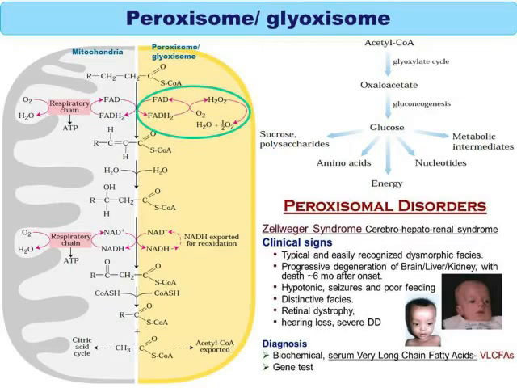Then thiolase cleaves the 3-ketoacyl CoA into acetyl CoA and a 2-carbon shorter acyl CoA is produced. Peroxisomal thiolase has substrate specificity for chains longer than C8, so the peroxisome cannot metabolize octanoyl CoA, which is transferred to mitochondria for further beta oxidation.